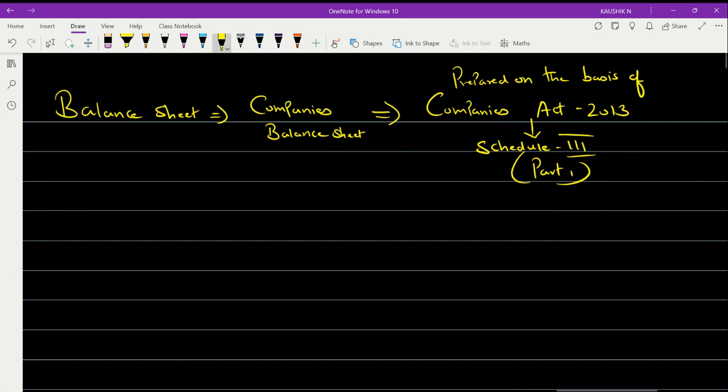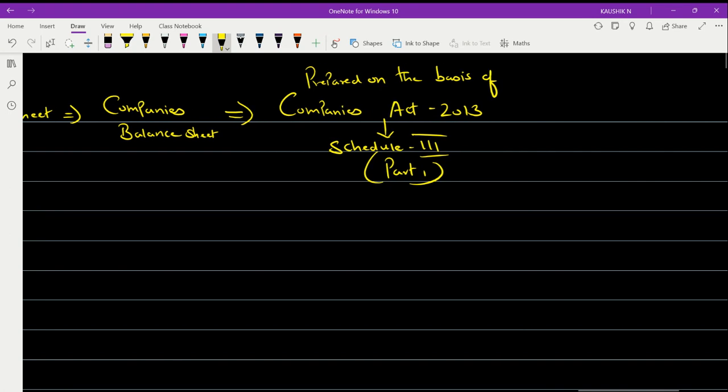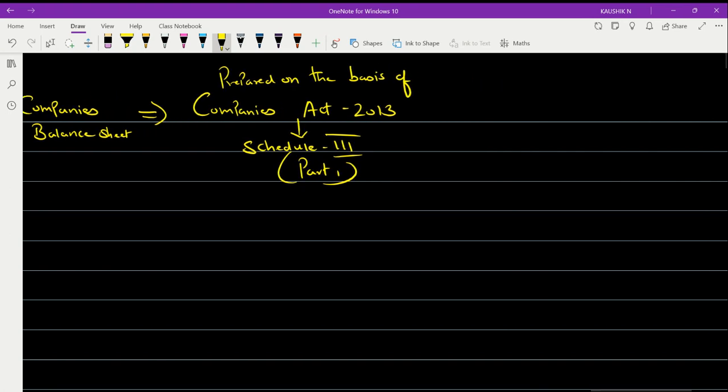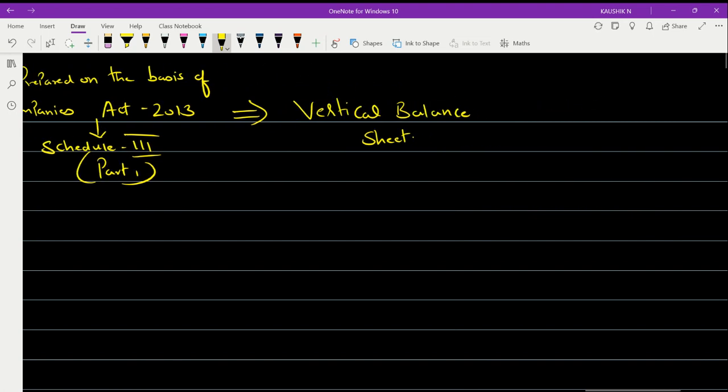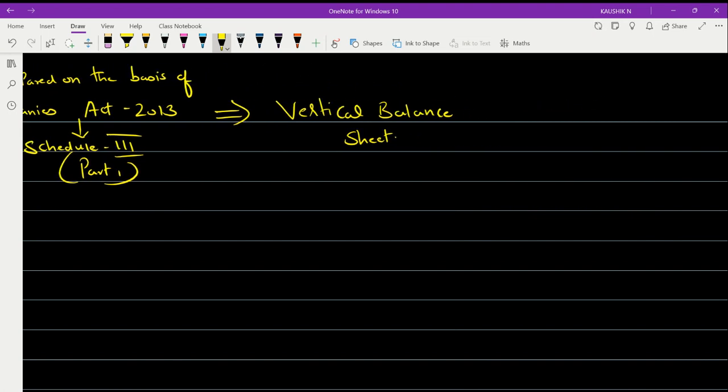So according to this, the balance sheet prepared as per the Companies Act 2013, we call a vertical balance sheet, which means it will go at one stretch.